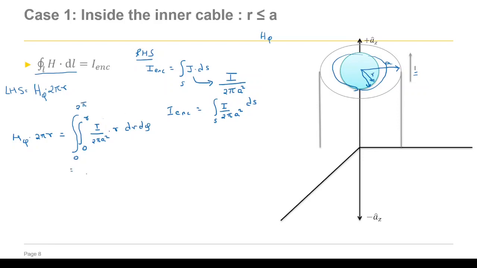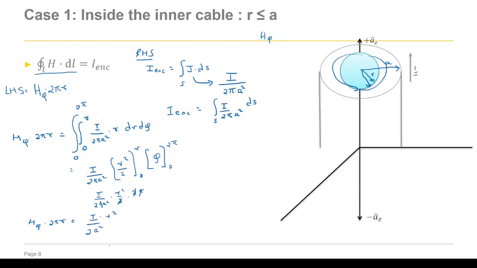Hence on performing this integration, 1 by 2 pi is r squared by 2, turns out to be r squared by 2 itself, and this turns out to be 2 pi divided by 2a squared on the right-hand side, with an r here and the square cancelled out. I am going to say that my H phi is equal to I r divided by 2 pi a squared in the a phi direction.